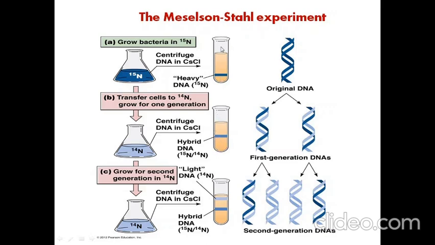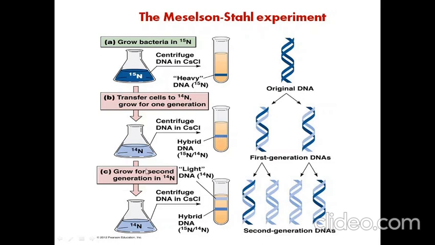In the density gradient centrifuge, the band position shows the weight. If a band is present at a lower position, it is heavy, and if it is at an upper position, it is lighter. So after this we got a hybrid DNA band.